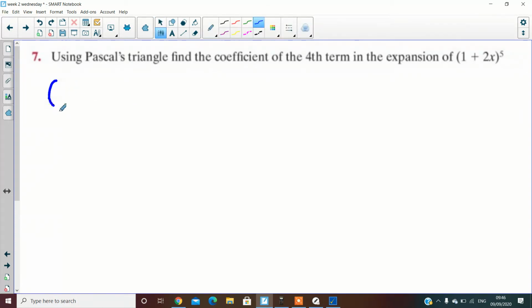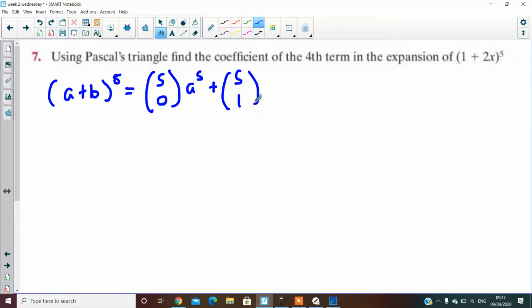What we learned yesterday is that if you have (a + b) to the power of 5, what do you write down the expansion as? 5C0 a to the power of 5, plus 5C1 a^4 b.